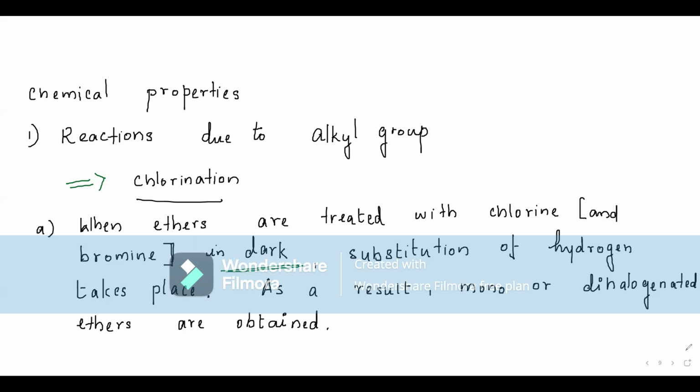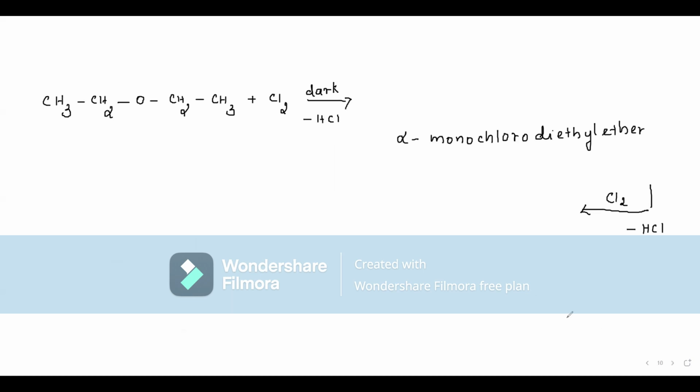Let's see the reaction now. Here, the ether CH3CH2OCH2CH3, when treated with chlorine in darkness, the alpha position, that is the very next carbon from the oxygen, is affected.